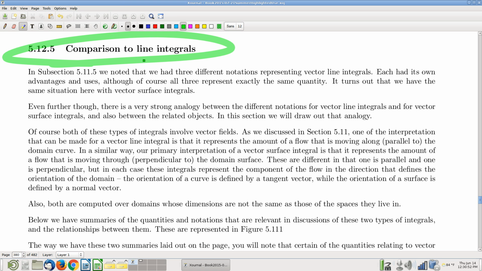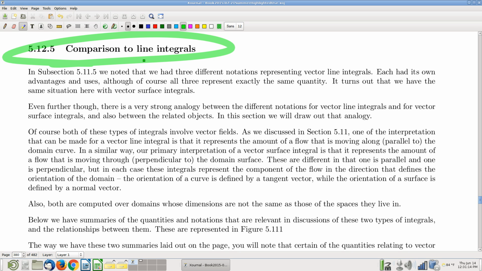I want to talk about how similar this is to the vector line integral construction that we talked about in the previous section. Now remember, the vector line integral construction, totally different motivation. The motivation had nothing to do with fluids. Right? With vector line integrals, we were talking about the vector field as representing forces.